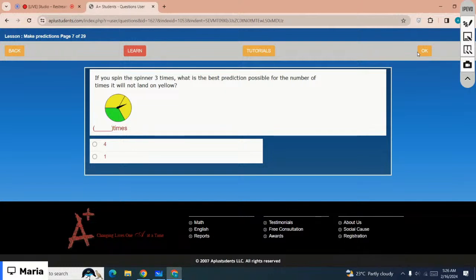If you spin the spinner three times, what is the best prediction possible for the number of times it will not land on yellow?